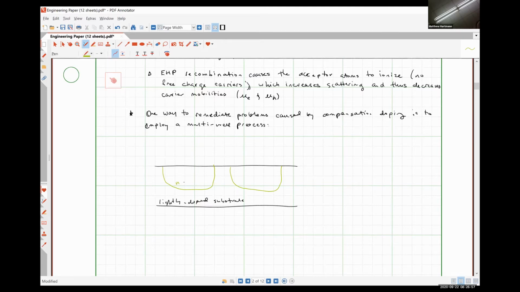So this guy could be an N well, and this guy could be a P well. And so in the N well, our P plus regions, and in our P well, we'd have our N plus regions, and then our oxide, and have our poly.